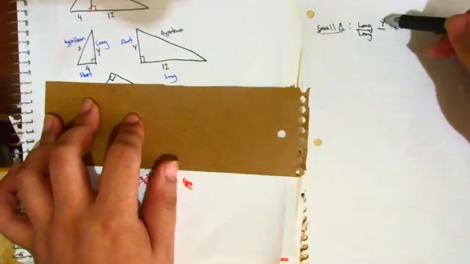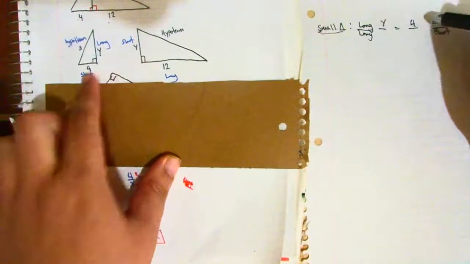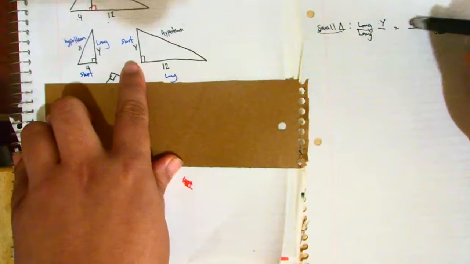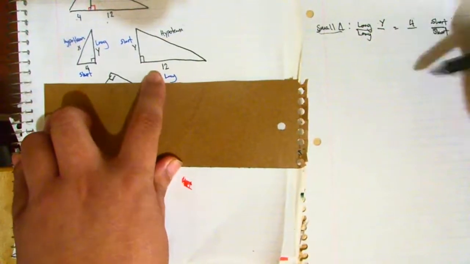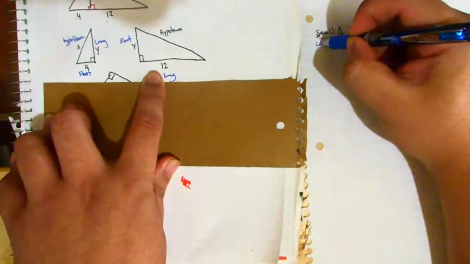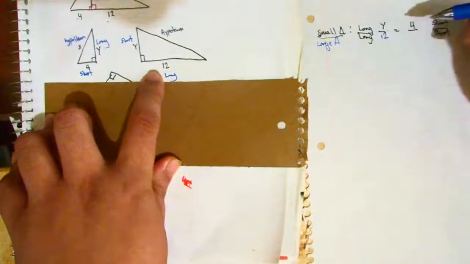Because I'm using the ratio of the long leg and the ratio of the short leg. Looking at the large triangle, it has a long leg, which is going to be 12.